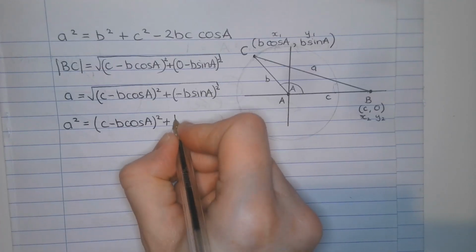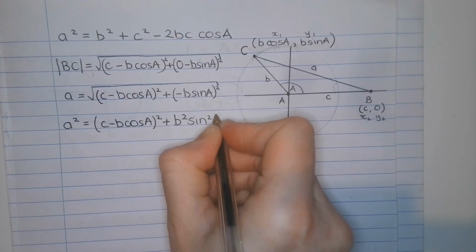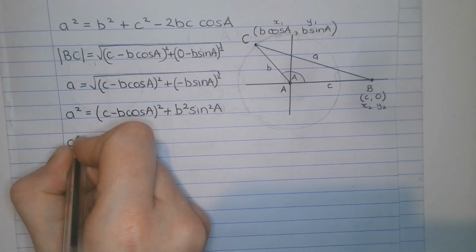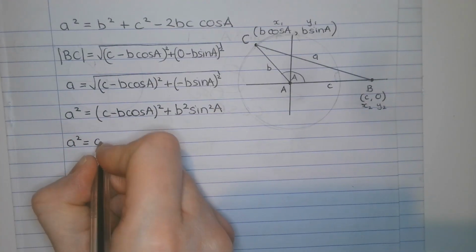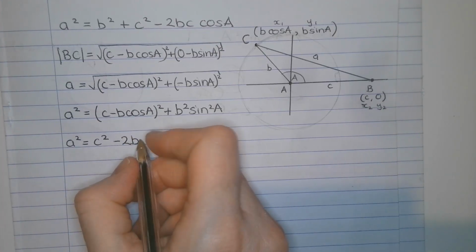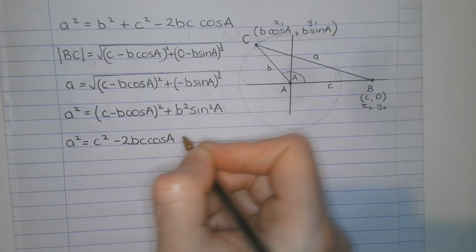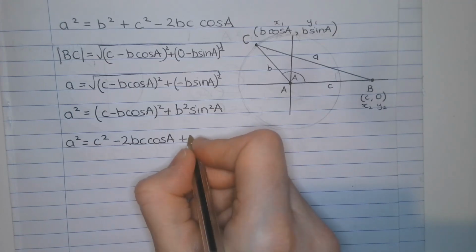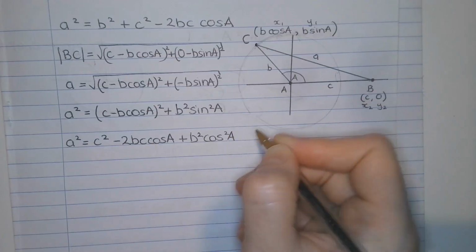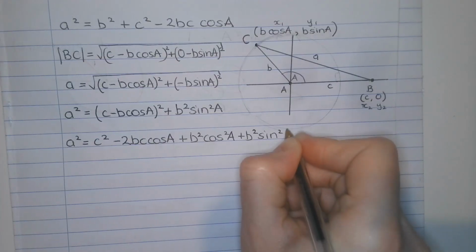We could do that now if we wanted to, and express it as b squared sine squared A. Squaring out this bracket then, we're going to end up with c squared minus 2bc cos A plus b squared cos squared A, and then plus b squared sine squared A.